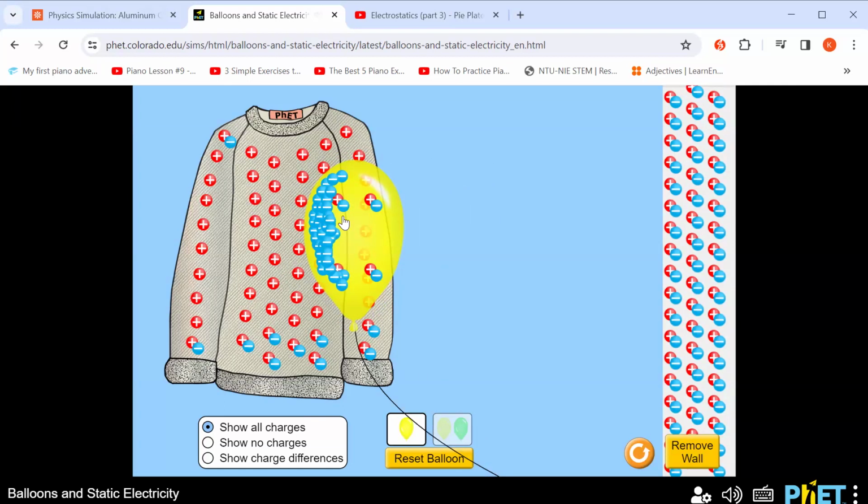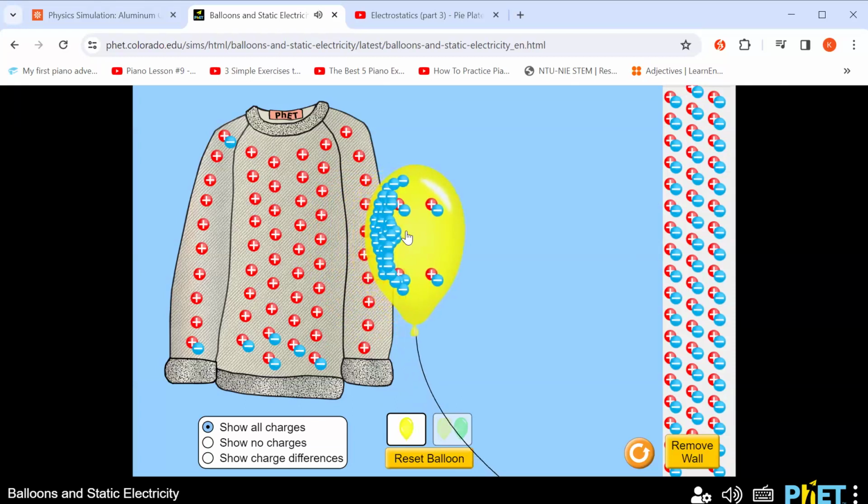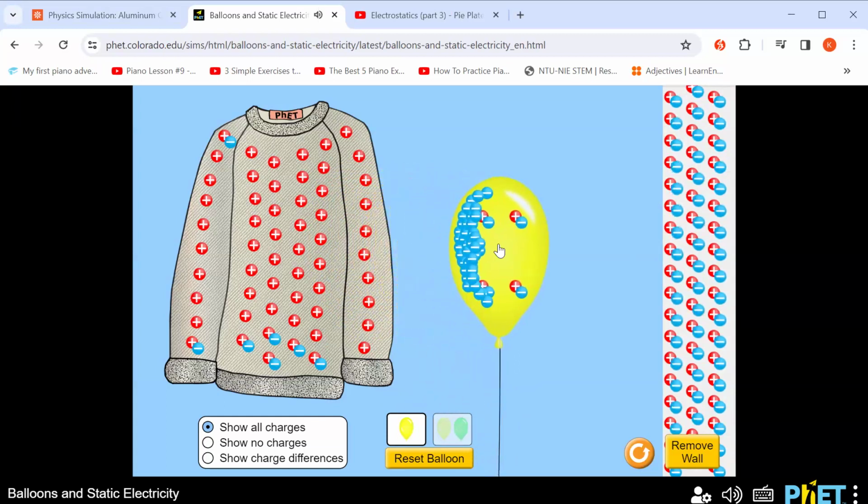Now if I were to bring this balloon close to the wall, the wall is over here. The wall again is a neutral object. There's an equal number of plus and minus, and again the wall is an insulator. Once I bring this balloon, which is negatively charged, close to the wall, it will tend to repel the electrons in the wall. So you can take a look.